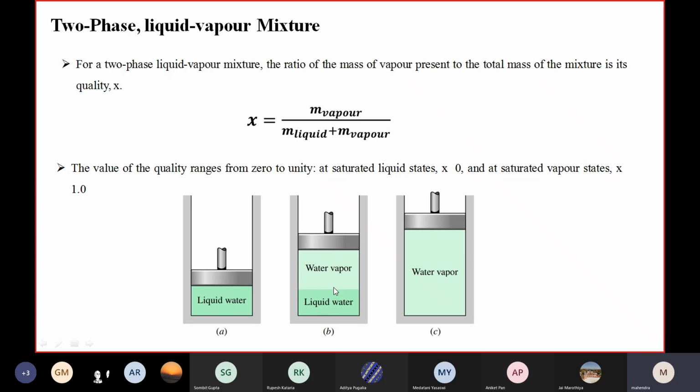Based upon this, your properties will change, whatever the dryness fraction, because the specific heat of steam is different from that of water. At one point in the latent heat zone, a certain amount of mass is in the vapor stage and the remaining mass is in the liquid stage.